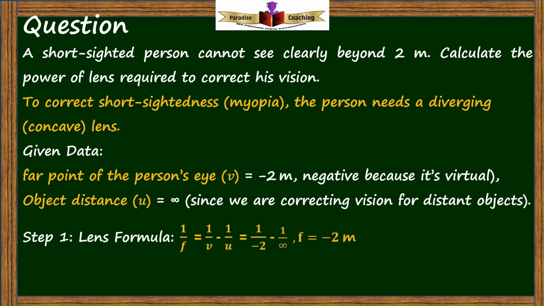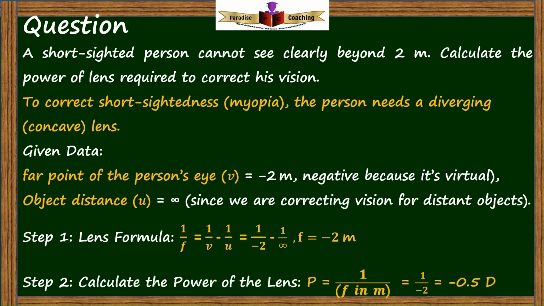Substituting V equals minus 2 meters and U equals infinity, we obtain the focal length of the required concave lens as minus 2 meters. Now let's calculate the power of lens as reciprocal of F. Here power is minus 0.5 diopter.